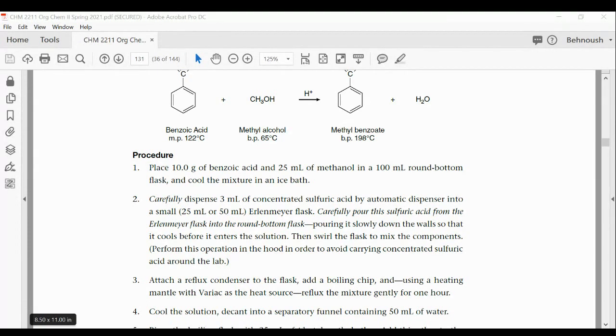So in short, reflux is used whenever you need high temperature for a long period of time. If that is the condition for the reaction, you need to use reflux. Very good. So you don't want to lose the solvent either. You want to make sure the solvent is maintained.